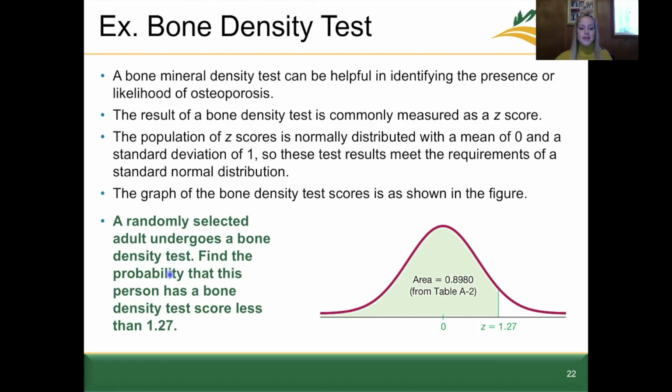Find the probability that this person has a bone density test score less than 1.27. That 1.27 value is our z-score itself. Because bone density scores follow a normal distribution, we can equate the bone density score itself to a z-score.